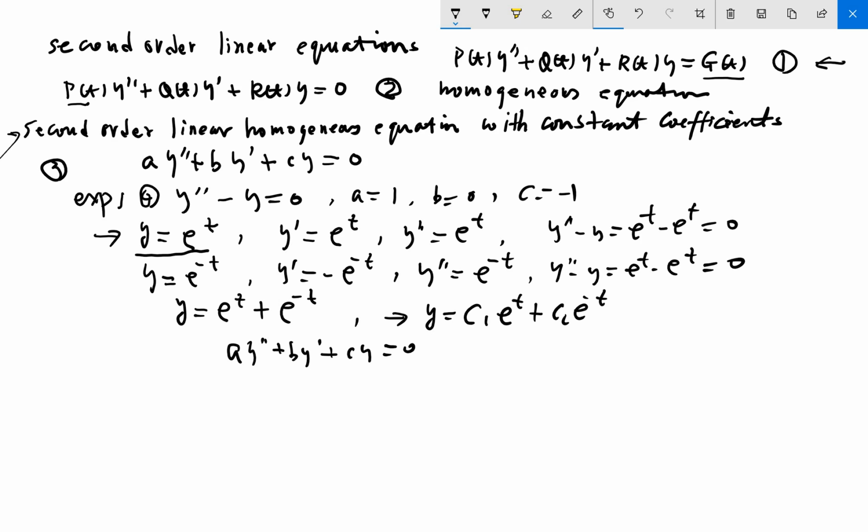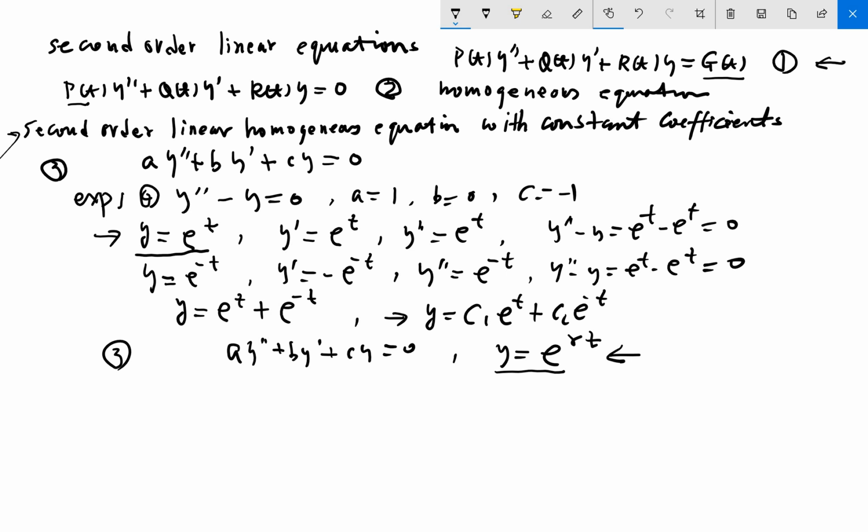Let's try this kind of solution: y equals e to the r t. We don't know r yet. We want to choose r such that this is a solution for this equation, which we call equation 3. Let's see what kind of equation r should satisfy.